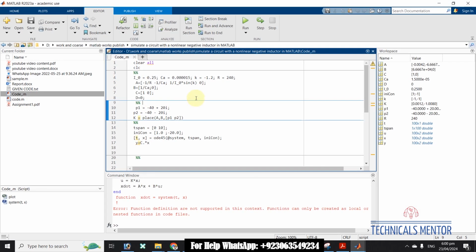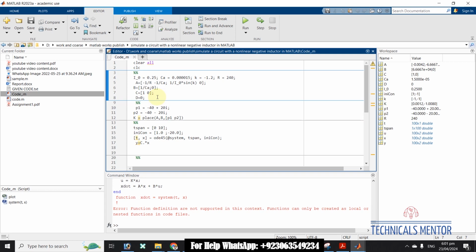Let's check the MATLAB code for this project. We linearize the system around a nominal operating point to simplify analysis and control design. This involves approximating our nonlinear system by a linear one near this point.